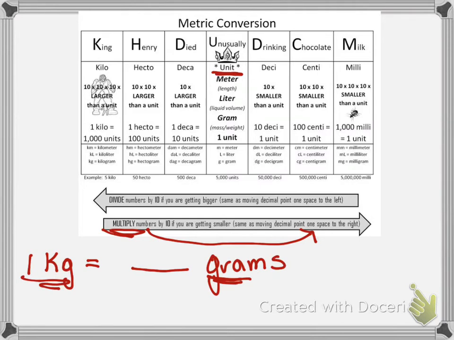So we want to move our decimal point to this location. So here is 1, and we're going to move this how many times to the right? 1, 2, 3. There's our new decimal point. And in those little holes, we're putting zeros. So 1 kilogram is equal to 1,000 grams.